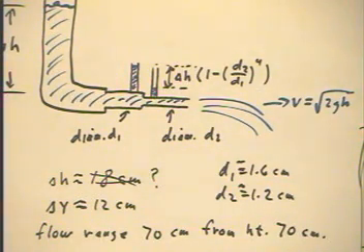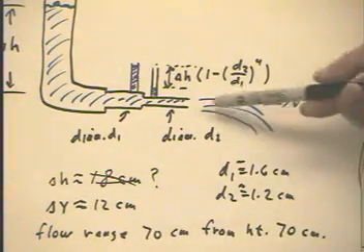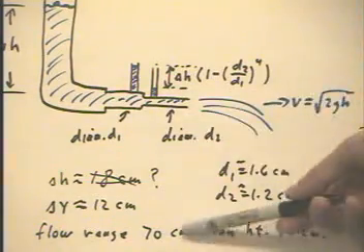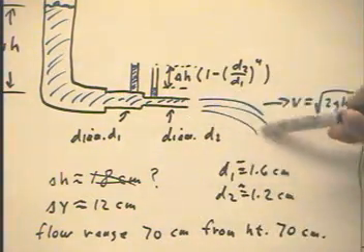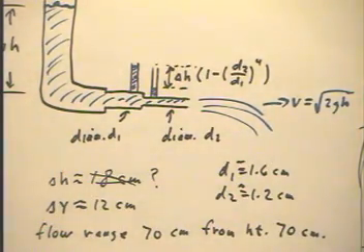We observed a flow range of 70 centimeters from a height of 70 centimeters. That is, the end of the tube was 70 centimeters above a level floor, and the water stream went 70 centimeters before it hit the floor, 70 centimeters in the horizontal direction.